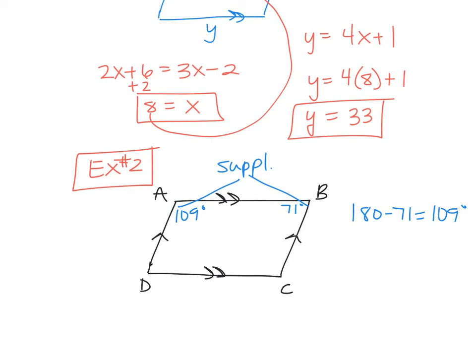Okay, what's the measure of angle D going to be? D is the same as angle B, right? Those two are going to be both 71, or again, you can do supplementary to angle A. 180 minus 109 is 71. So what is angle C? 109. So in every parallelogram, you will have 2 angle measures.